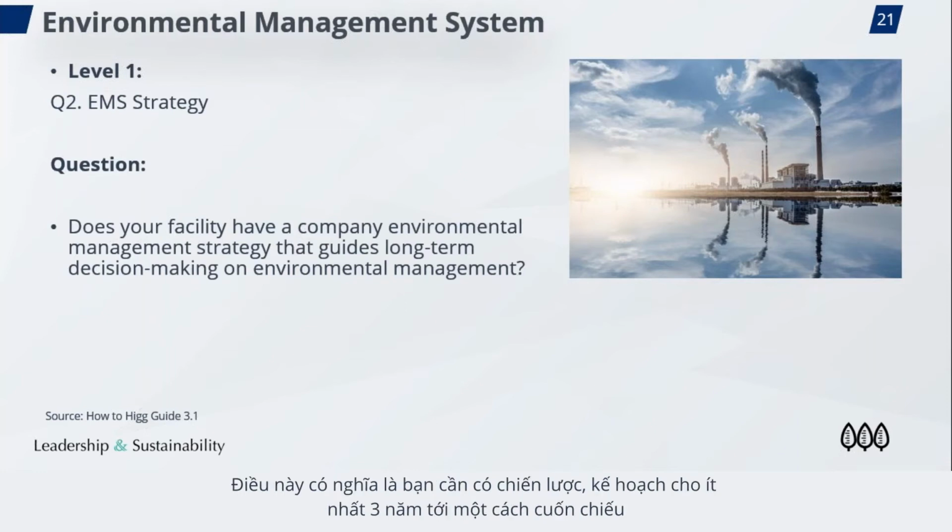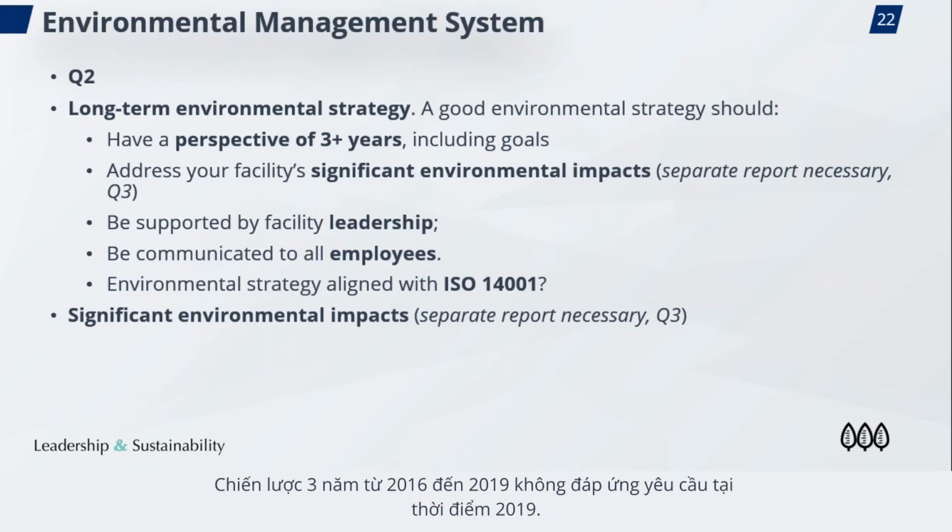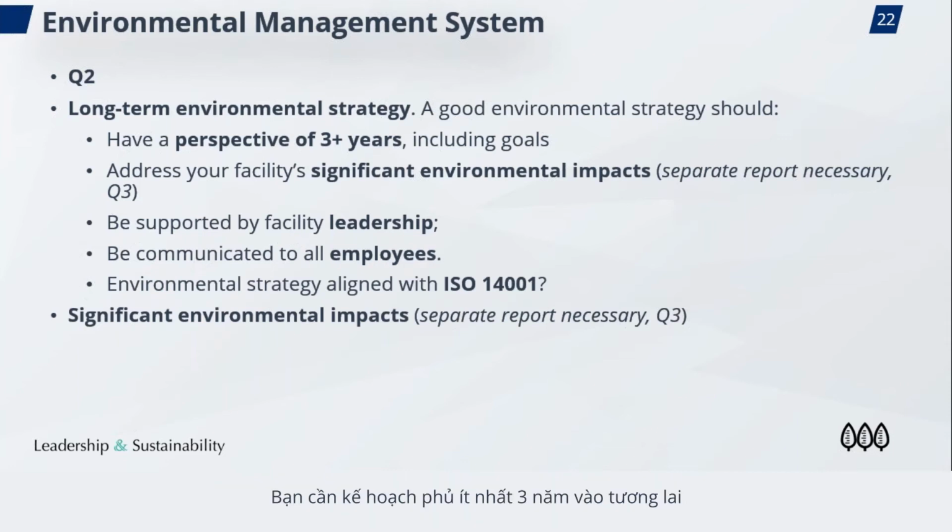And this means that you need to have a plan. You need to have a strategy that reaches 3+ years on a rolling basis. So it's not enough that you have a strategy from 2016 that reaches into 2019 and you are reporting in 2018. You actually always have to have at least 3 years into the future.